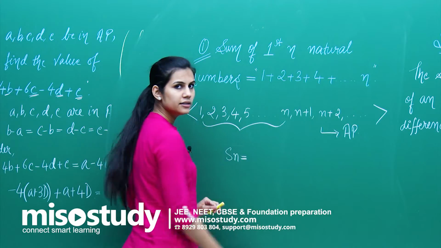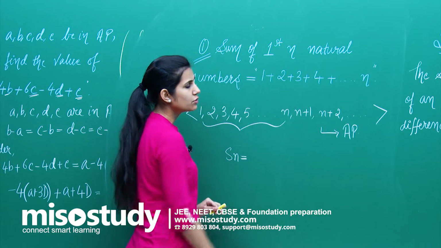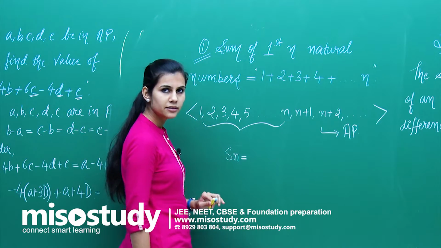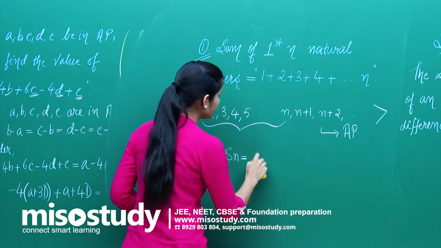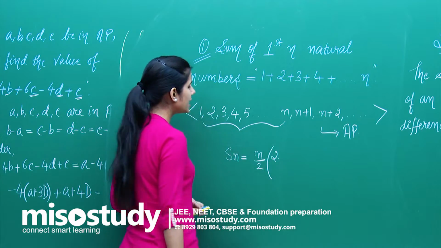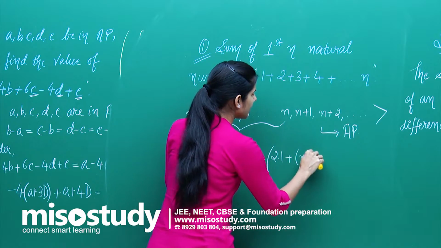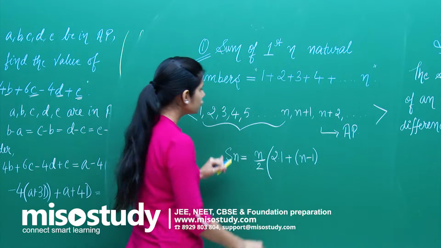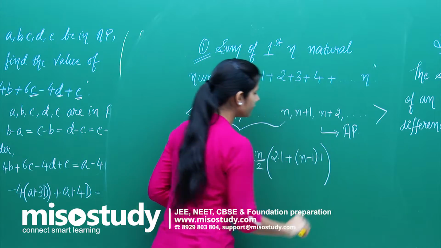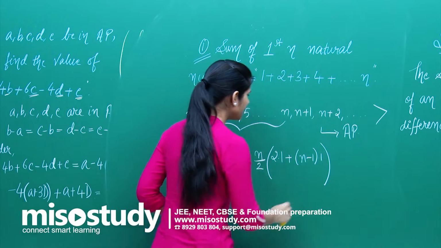Sum of first n terms of this AP is equal to 1 plus 2 plus 3 up till plus n. This is equal to n by 2 times 2 times A, where A is 1, the first term, plus n minus 1 into D, where common difference D is 1. 2 into 1 plus n minus 1 into 1, this gives you what?